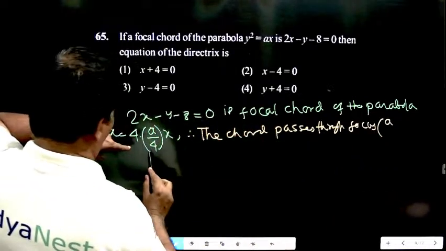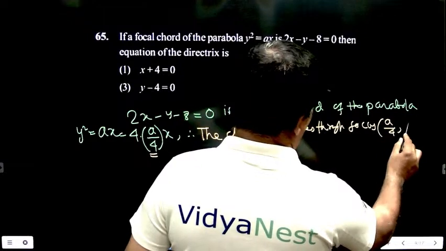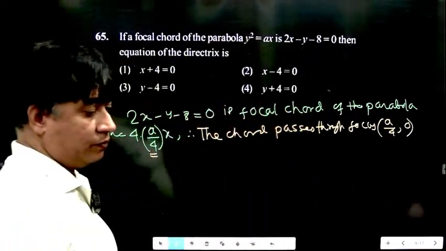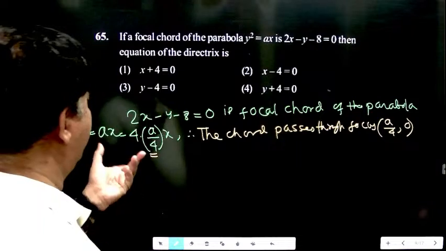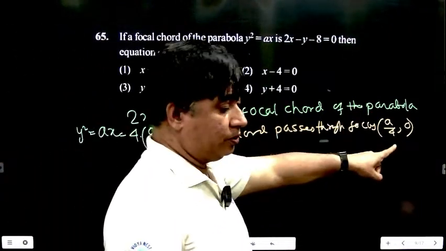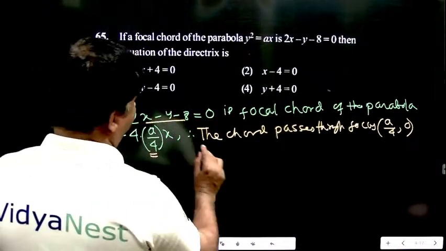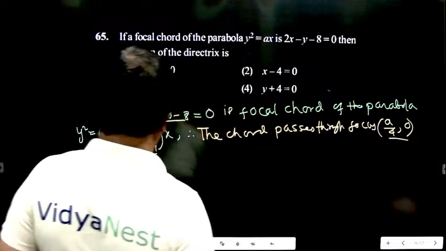Here, instead of a, we have a by 4 comma 0. So that is the focus. So a by 4 will satisfy this equation because the focal chord will pass through this.